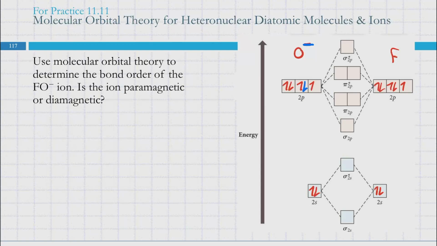If you were drawing this out by hand, we might draw the atomic orbitals for fluorine a little bit lower. And then we get to combine all of the electrons. So for our sigma and our sigma star, those are full because our 2s orbitals are full.